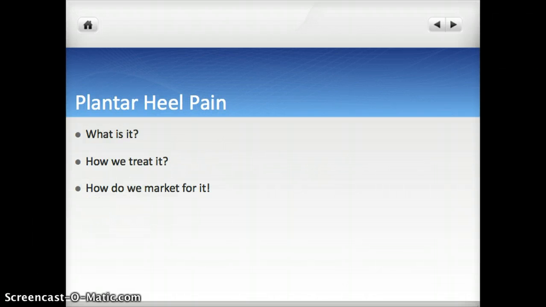The plantar heel pain, again, we're seeing some interesting articles on what it is and what exactly we're looking at, how we treat it, and then again, how we market for it.